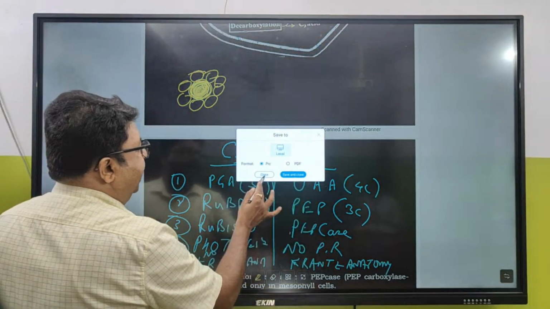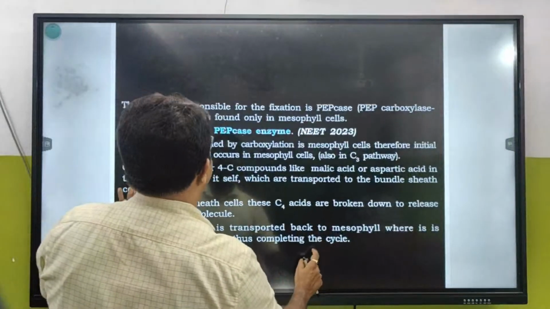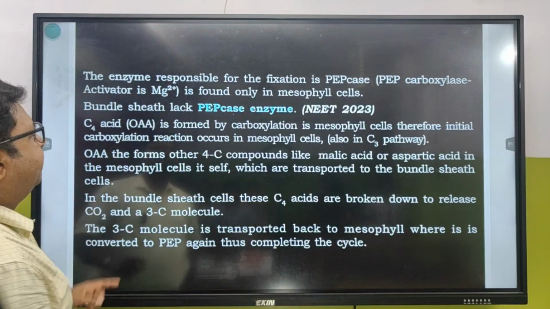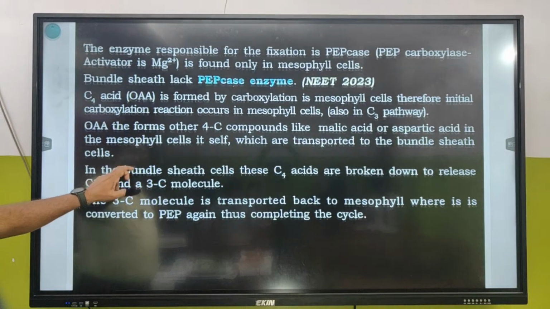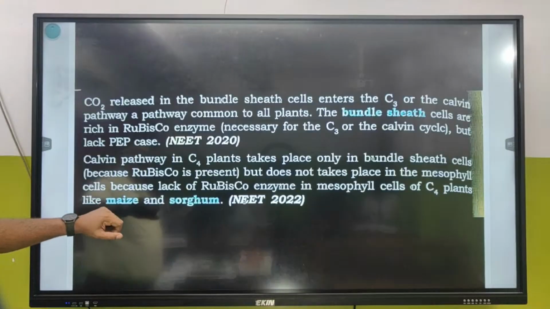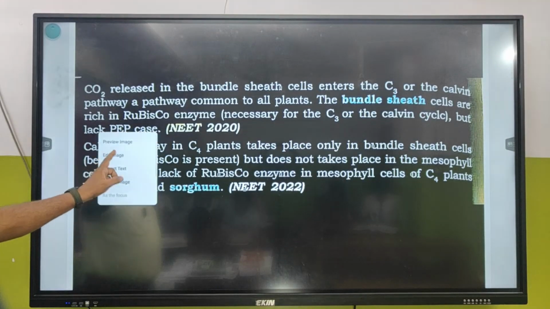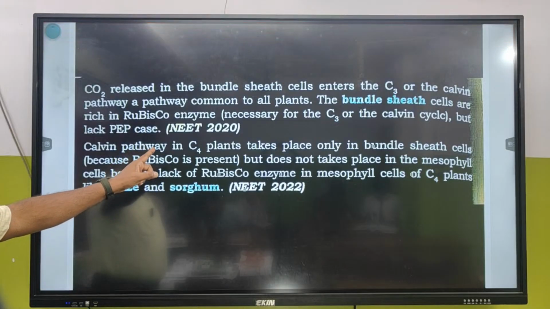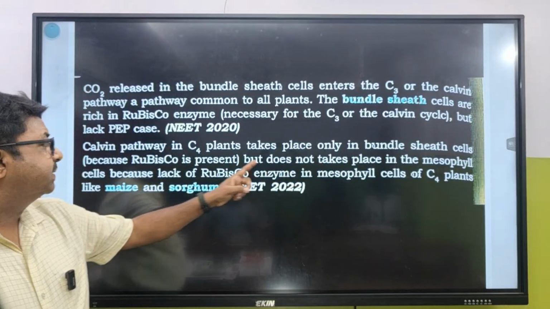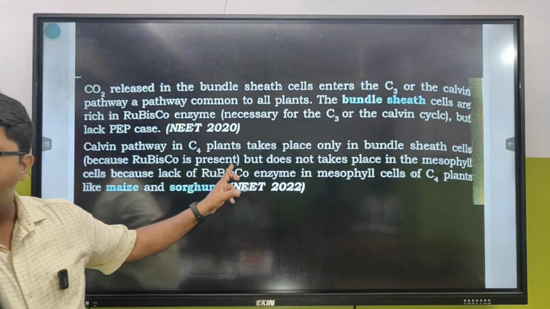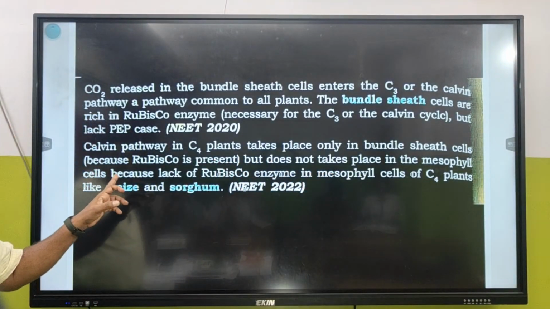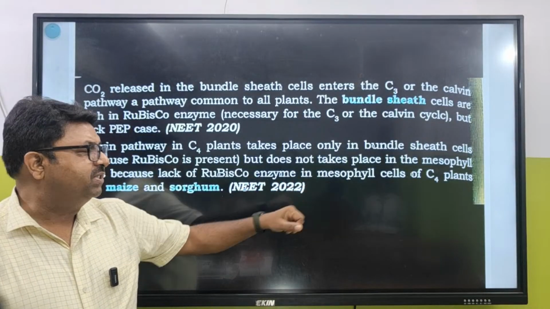If there are no questions, let us solve some questions. Let us look at the NCERT line. Calvin pathway in C4 plants takes place only in the bundle sheath cells, because Rubisco is present there, but it does not take place in the mesophyll cells because of the lack of Rubisco enzyme in mesophyll cells of C4 plants.